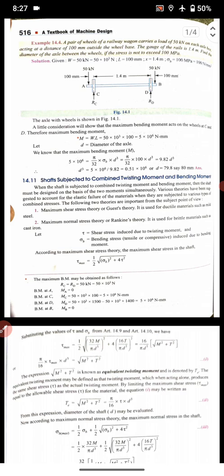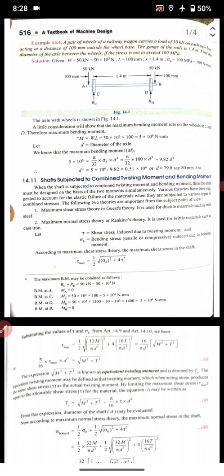Okay, now I'm going to start reading it. It is a pair of wheels of a railway wagon carries a load of 50 kilonewton on each axle box.